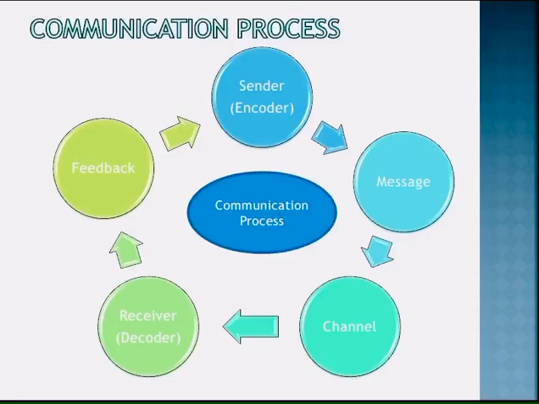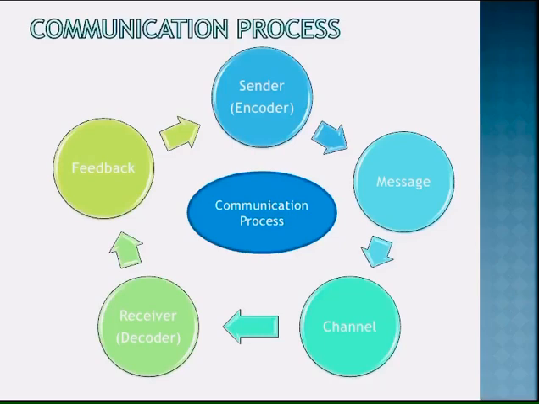First one is sender, who is also known as encoder. Sender is the originator, the source of the information. Then second is the message, which has to be delivered through a proper channel, that is the third element, the channel, to the receiver, the fourth element.